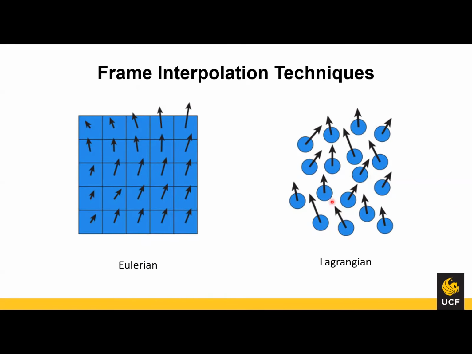And what are the cons of the Lagrangian? Well, it's difficult to maintain cohesive neighboring pixel values. It's really computationally expensive to compute, and it's also artifacting. So when you have large pixel motions, you're going to have a lot of artifacts.